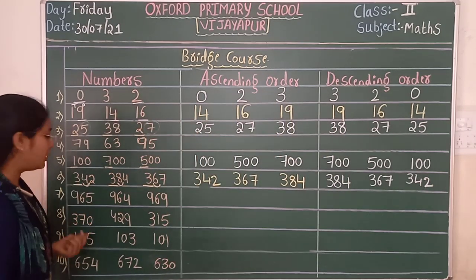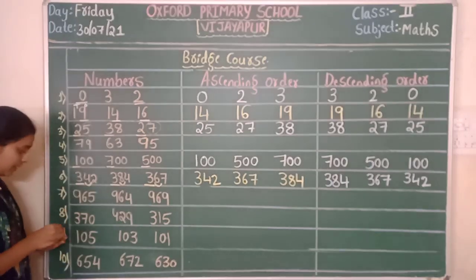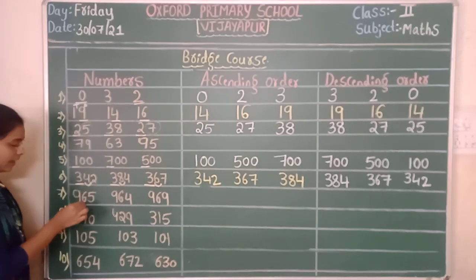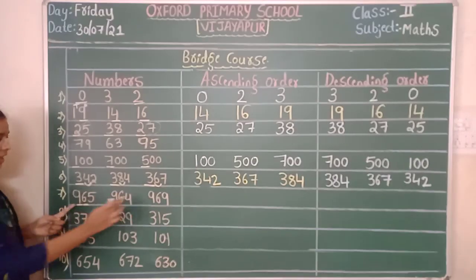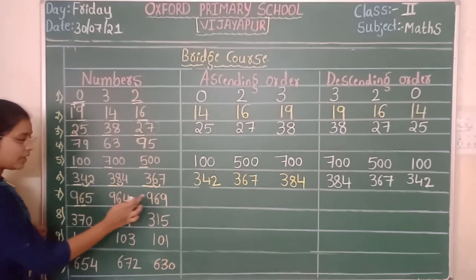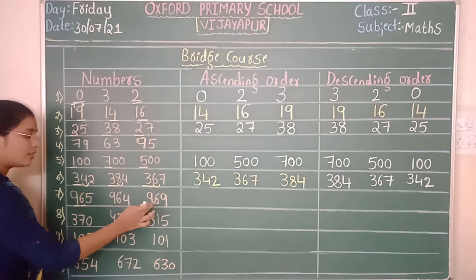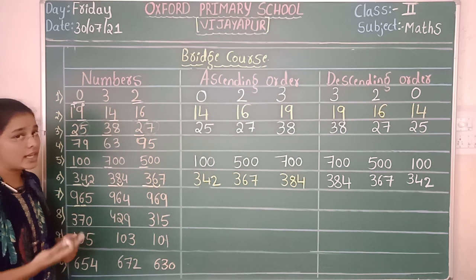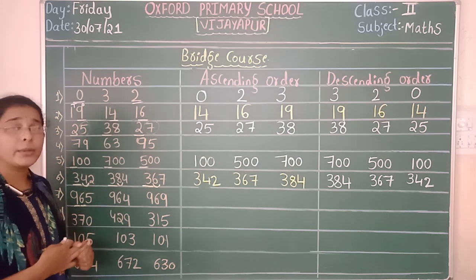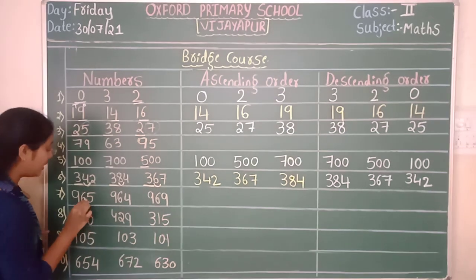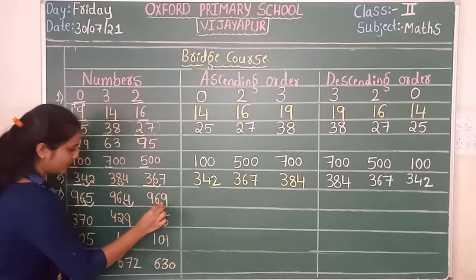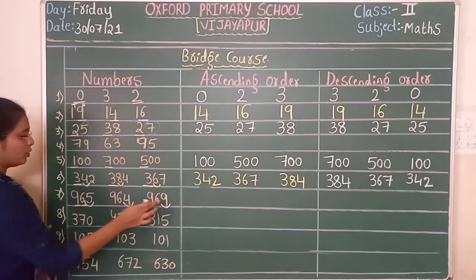One more example. If we are having the same number in the place of hundreds and tens. See here. We are having the same number in the place of hundreds as well as in the place of tens. So what we have to do? We have to compare the last place, that is ones place. 5, 4, 9.